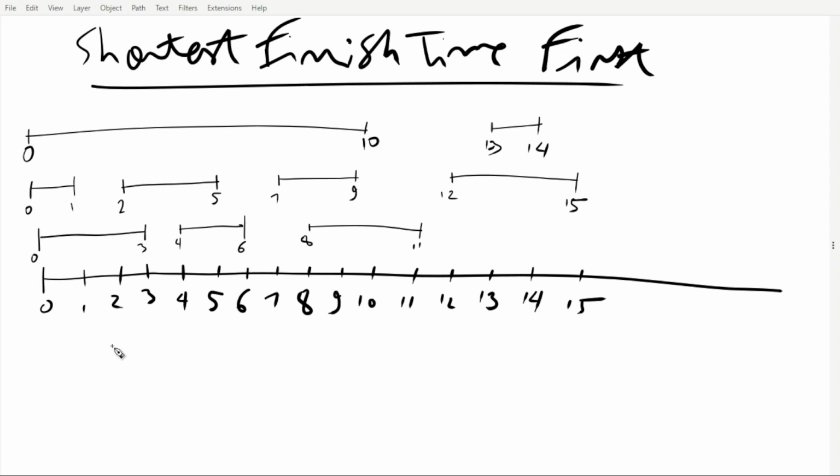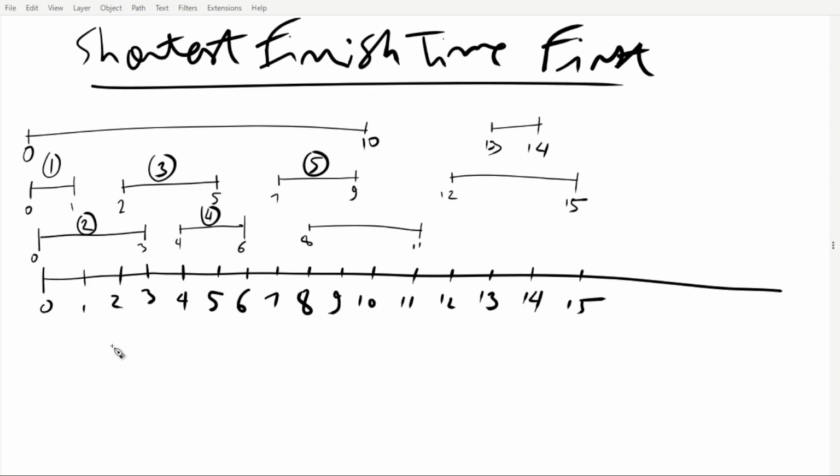In this sorting, 1 is the smallest finish time. After that we have 3, so we label them as 1 and 2. After that we have 5, so write it as 3. Then next we have 6, write it as 4. Then we have 9, write it as 5.